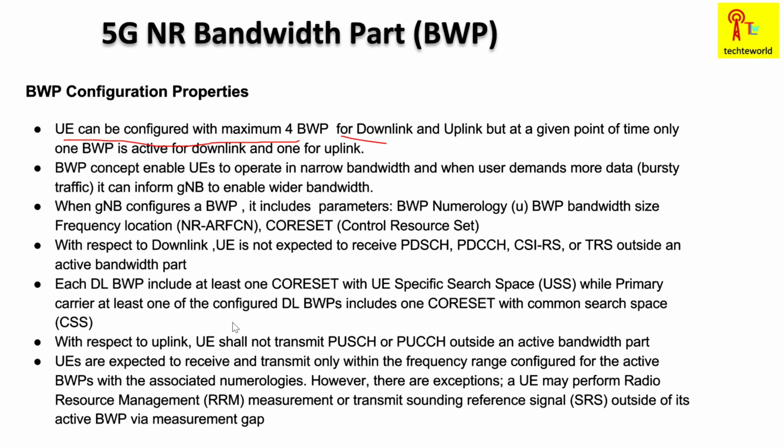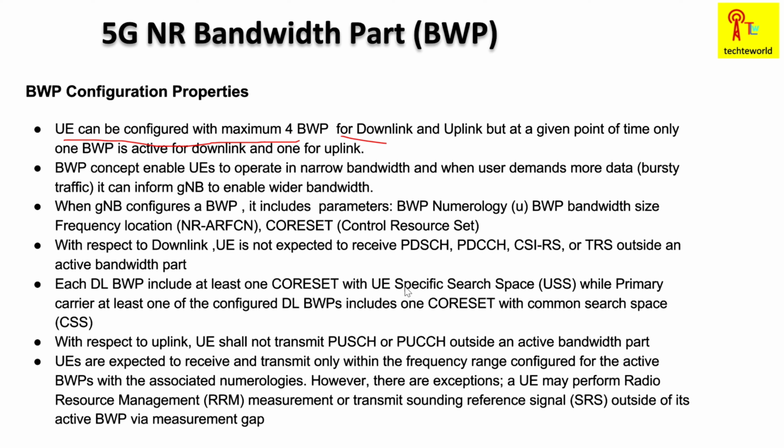Each downlink bandwidth part includes at least one CORESET with UE specific search space, while on the primary carrier at least one of the configured downlink bandwidth parts includes one CORESET with common search space. So each downlink bandwidth part can configure a CORESET.